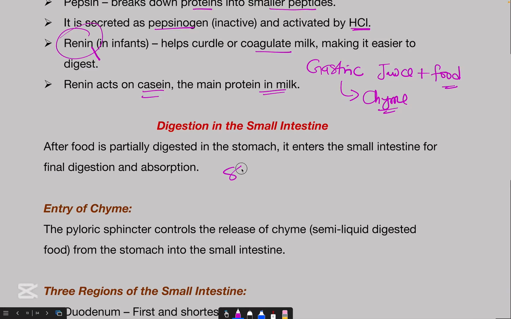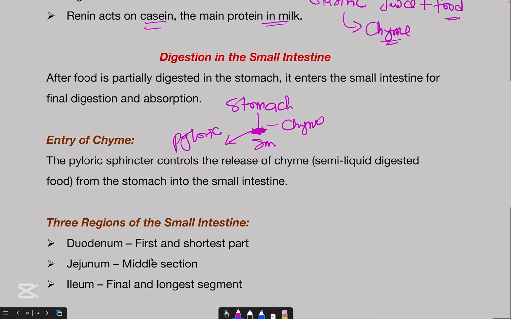From your stomach to your small intestine, you have the chyme. What regulates it is the pyloric sphincter. All right?